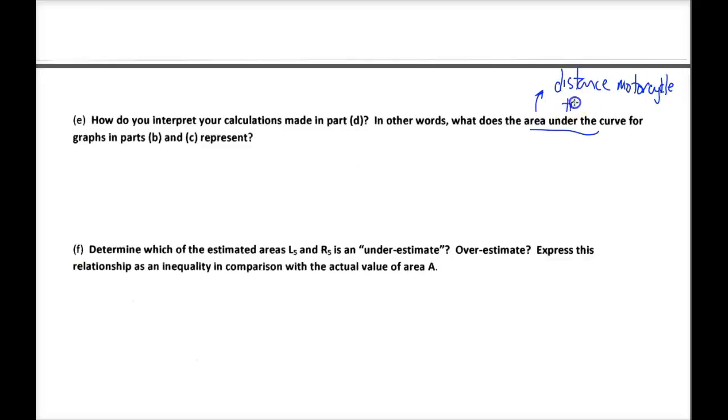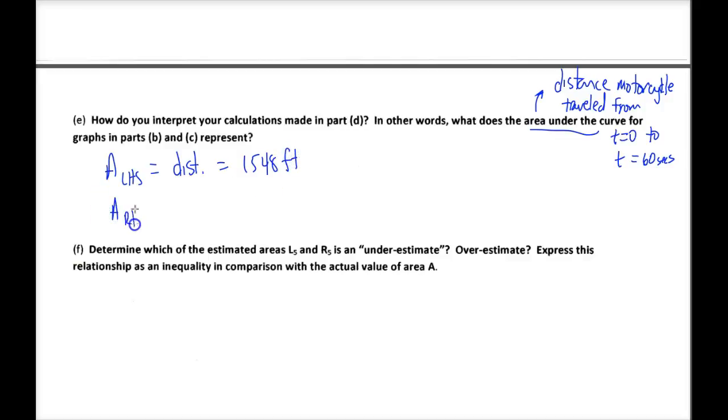Motorcycle traveled from when t was equal to 0 to t is equal to 60 seconds. And of course, our area for the left-hand sum estimate is the distance, and that is going to be 1,548 feet.